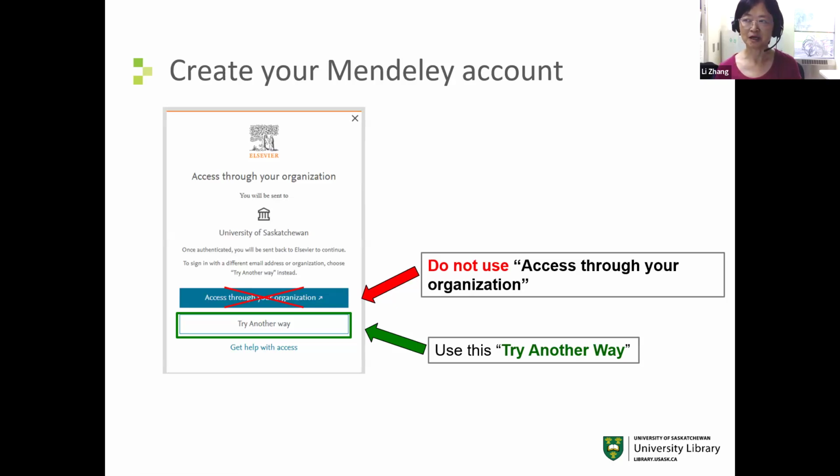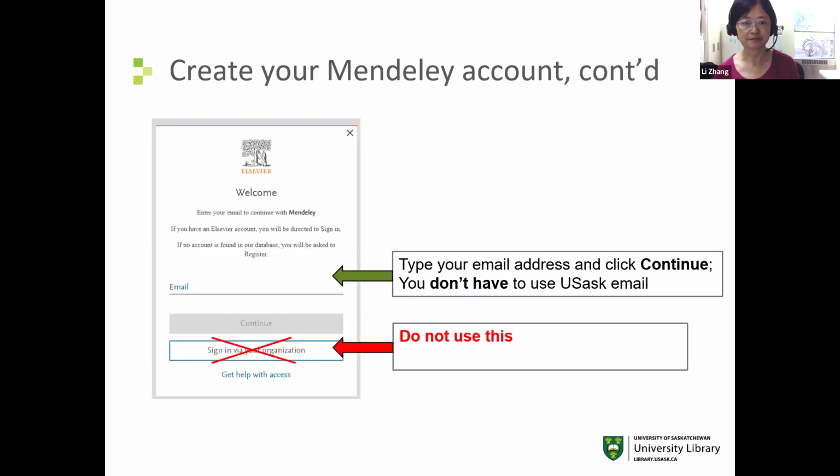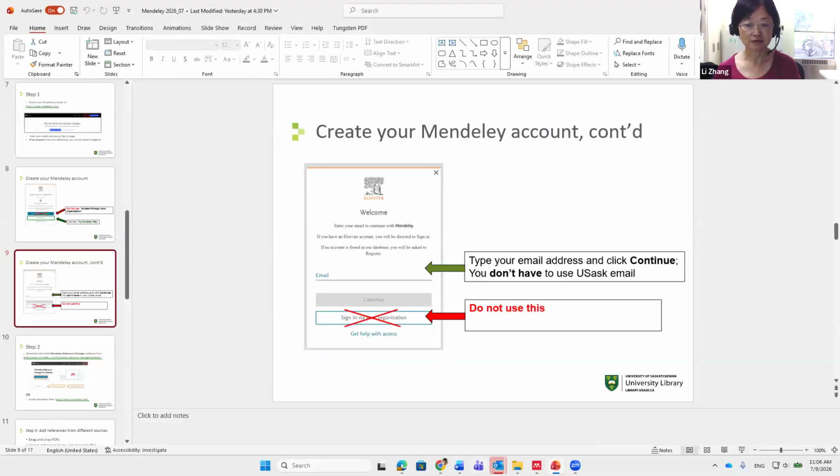And in addition, while you are a university student, you can access, but after you graduate, you won't be able to use your USask email. So I recommend not using your USask email to create a Mendeley account. So here, the next step is to type your email address and continue. It's going to ask you to create an account. So you don't have to use your USask email. I'm going to escape this and go to Mendeley.